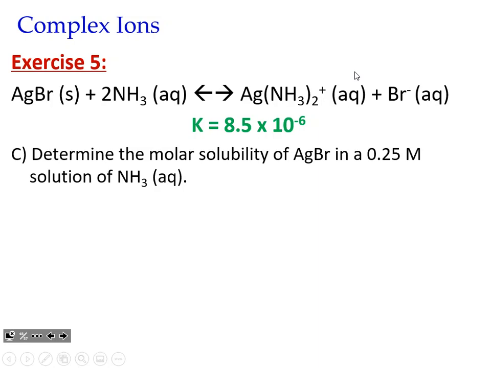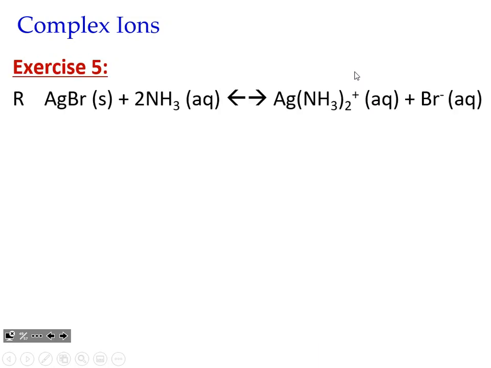So really, this is just a regular equilibrium problem. What do we set up for regular equilibrium problems, to help organize everything? ICE tables, yay! Let's set up an ICE table. So go ahead, set it up.